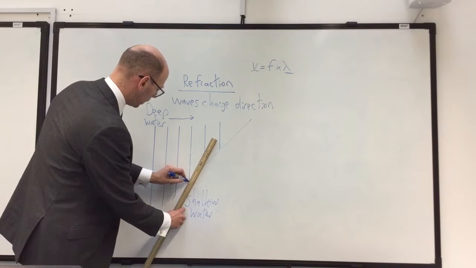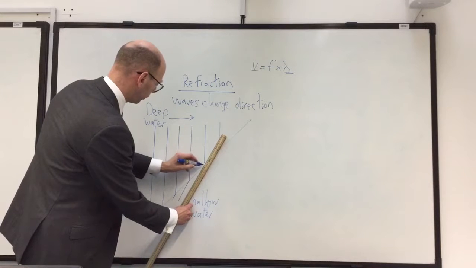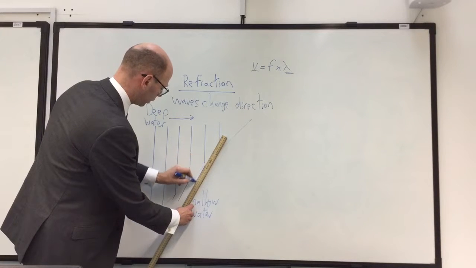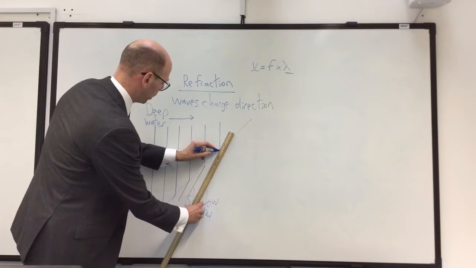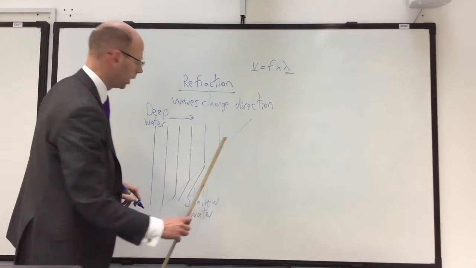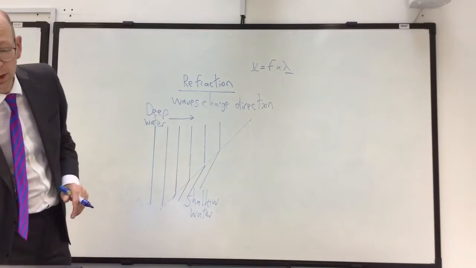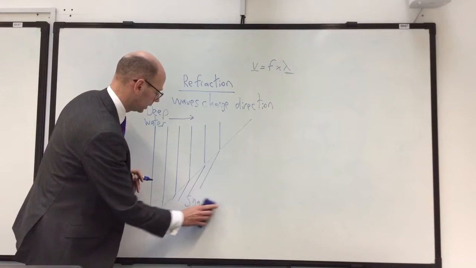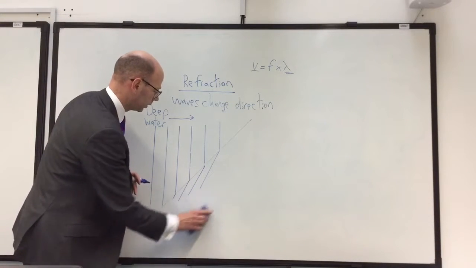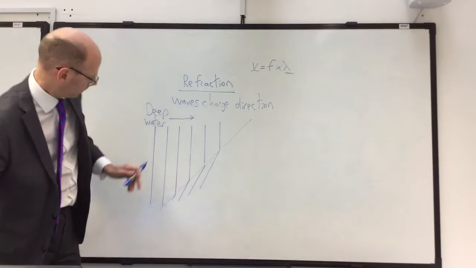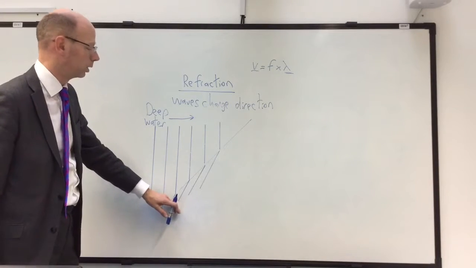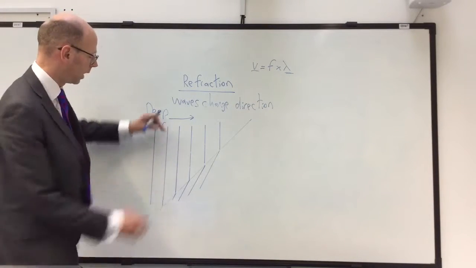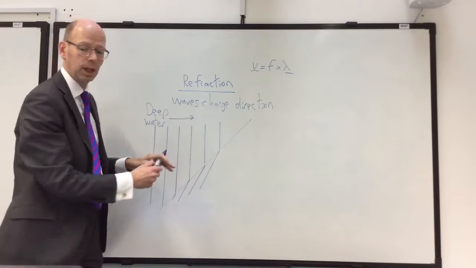So what's going to happen down here is that the waves are going to slow down, reduce wavelength, bunch up together, but also we're getting a change of direction. The change of direction has happened because the part of the wave at the bottom has hit the shallow water first, and therefore it's slowed down, and the top part has kept going.